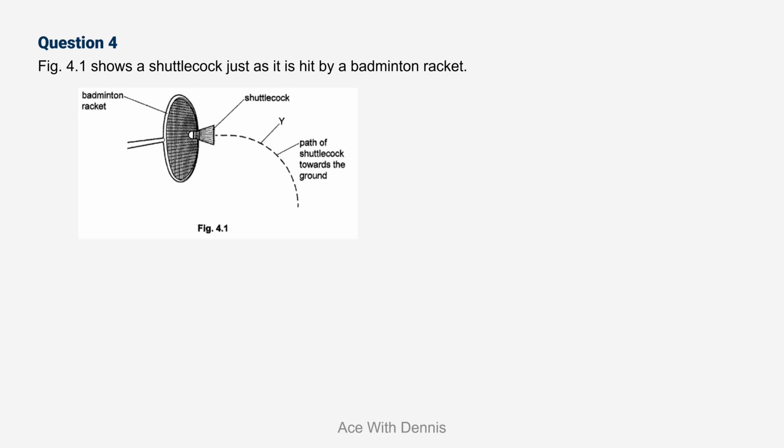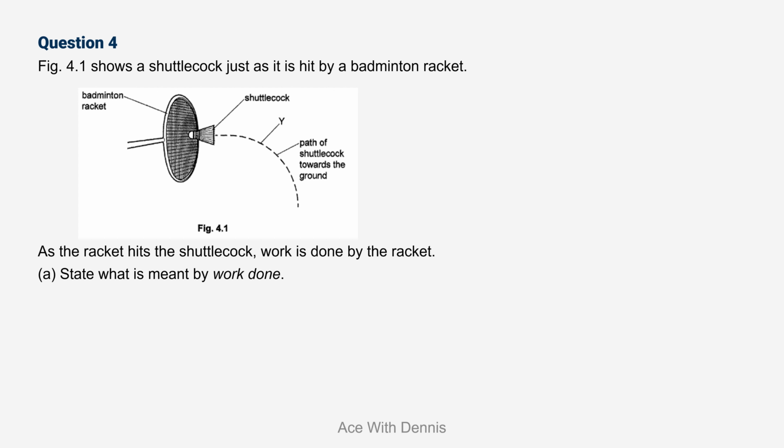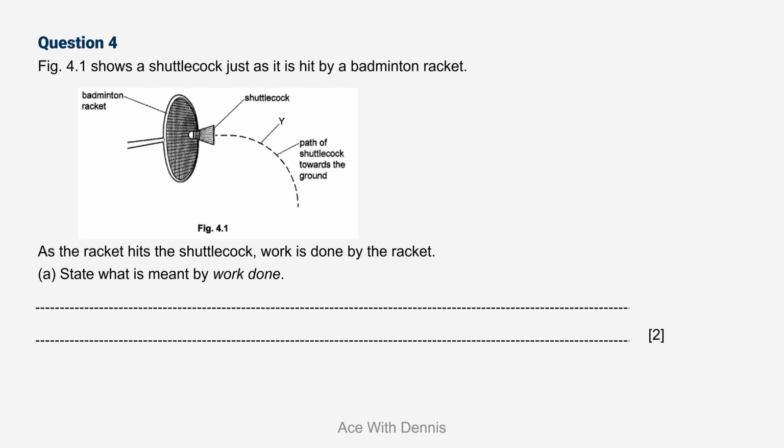Question 4. Figure 4.1 shows a shuttlecock just as it is hit by a badminton racket. As the racket hits the shuttlecock, work is done by the racket. A. State what is meant by work done. 2 marks. This is a very textbook-based question.